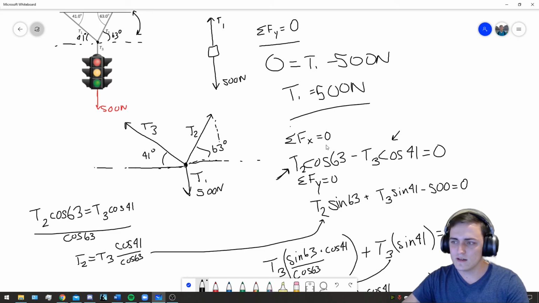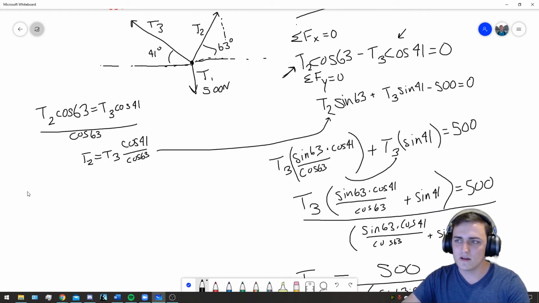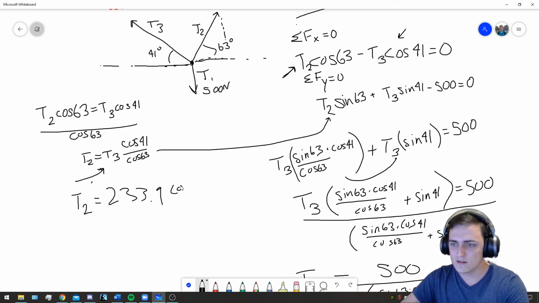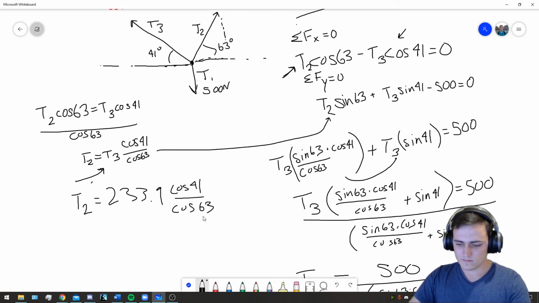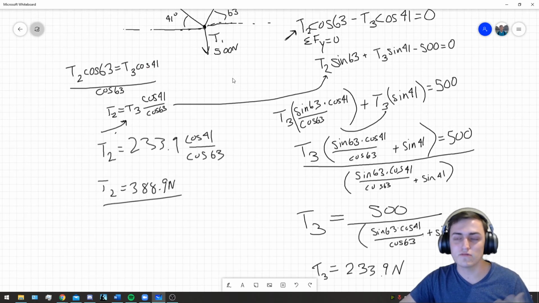So if we plug in T3, we can go right here to this equation, this one we found here, where T2 is T3, which was 233.9 times cosine 41 over cosine 63. We can just go ahead and plug that in the calculator. And that tells us that T2 was 388.9 newtons.